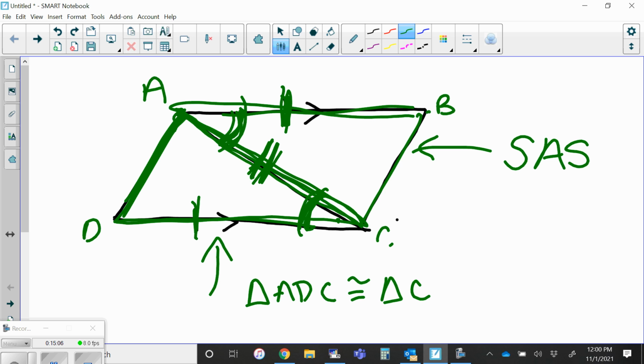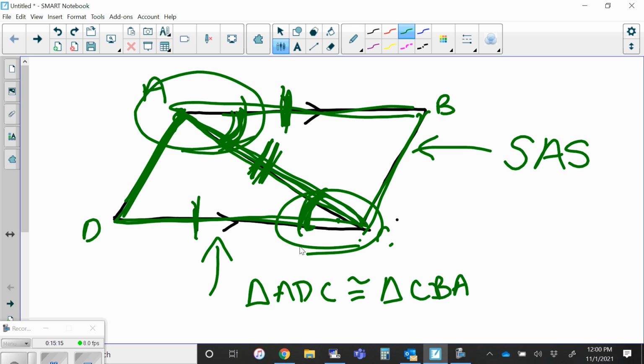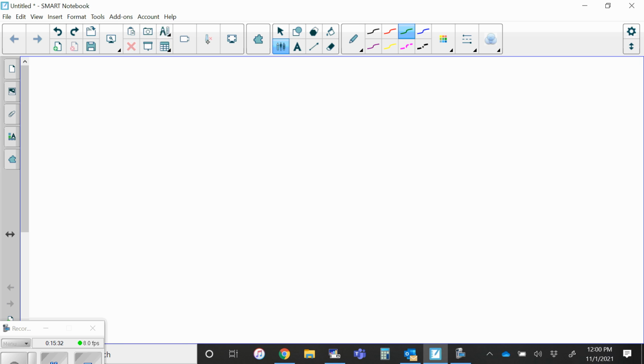The 1 and the non-one is B. And then the only one left has to be A. That makes sense because angle A is supposed to be the same as C, which is what would happen if I had them in that same exact spot. Are you with me? All right, this one's long, but we're going to shorten it up.